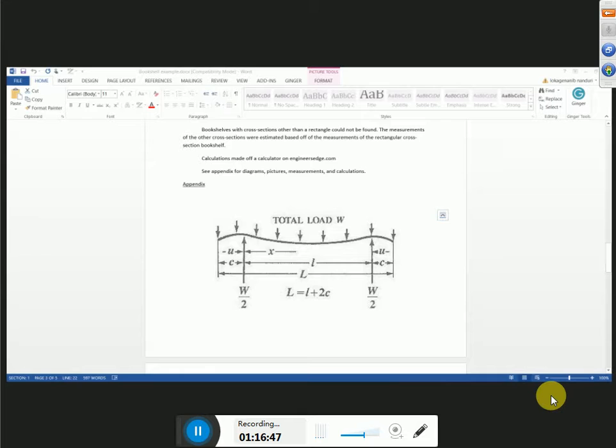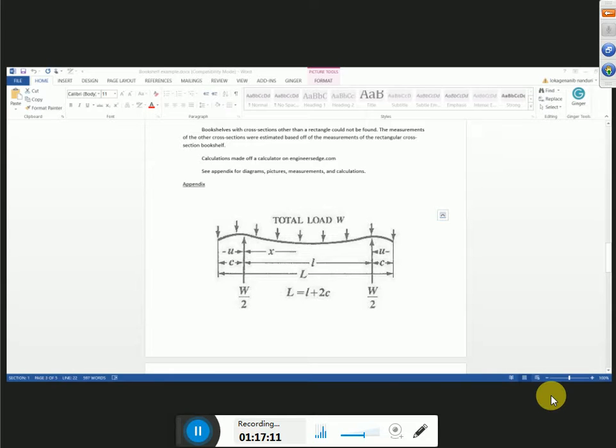So they came up with different designs of this supporting member, this bracket, and the cross section of the bookshelf panel itself. They analyzed the cross section and varied the length, standard length in library bookshelves.